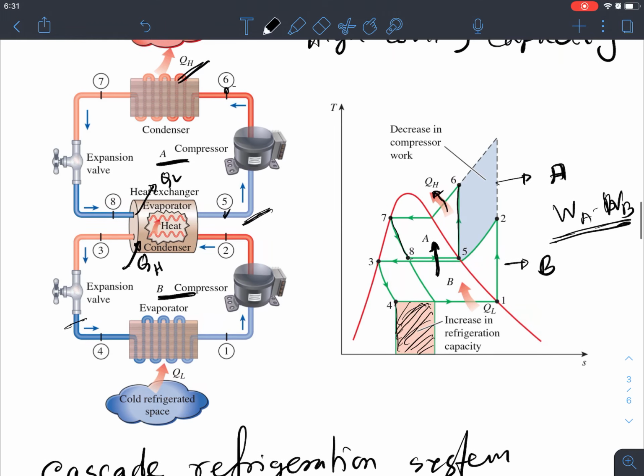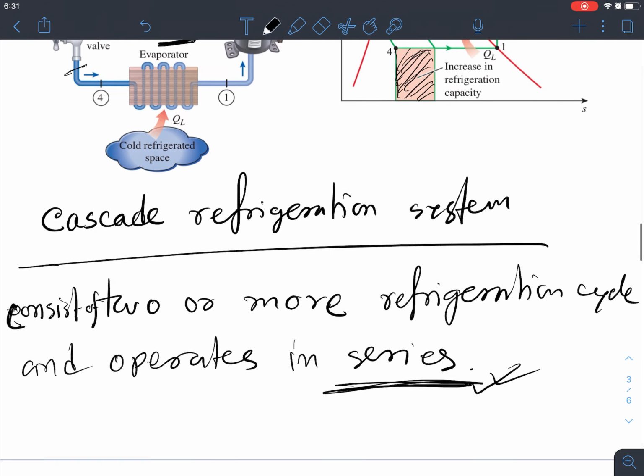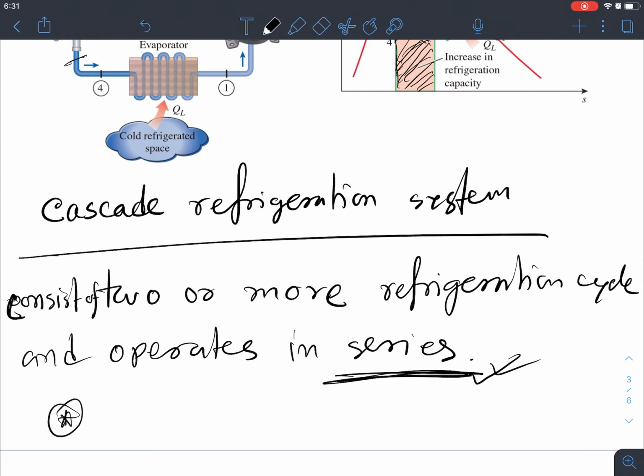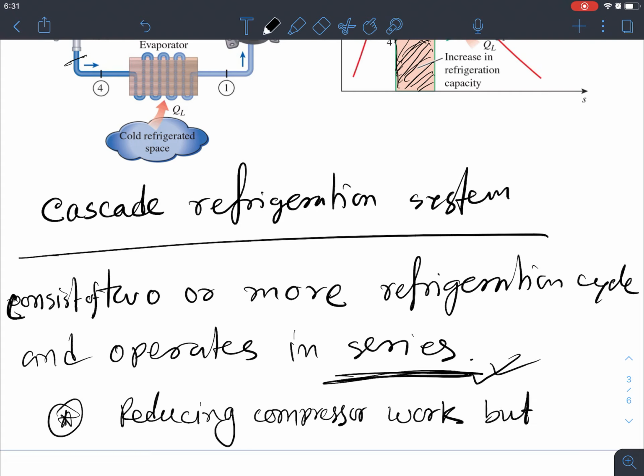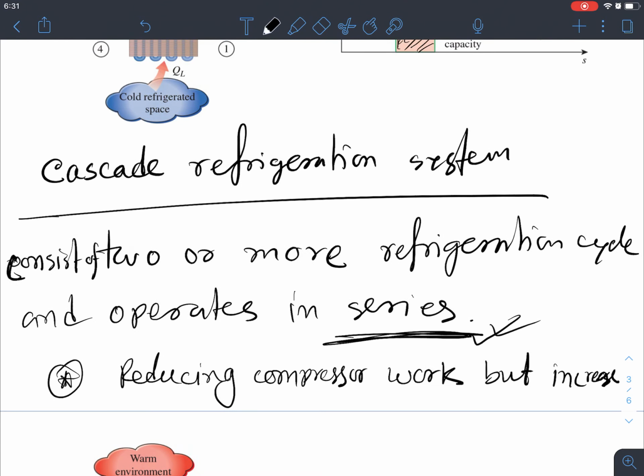And in the cascade refrigeration cycle we saw that it's basically reducing the compressor work, right? One important thing, reducing compressor work, but increasing cooling capacity.